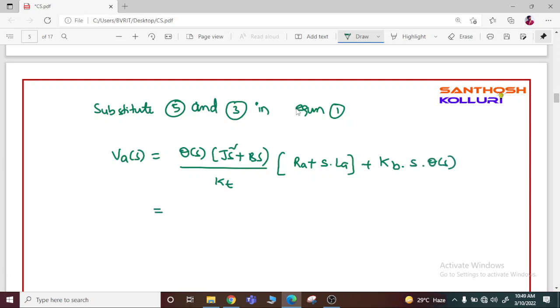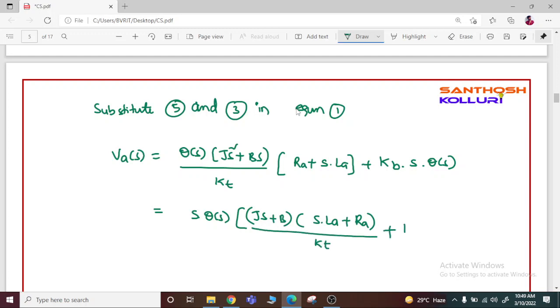So here s into theta of s can be taken as constant common, then this will be (Js plus B) into s into (La plus Ra) divided by Kt plus Kb.